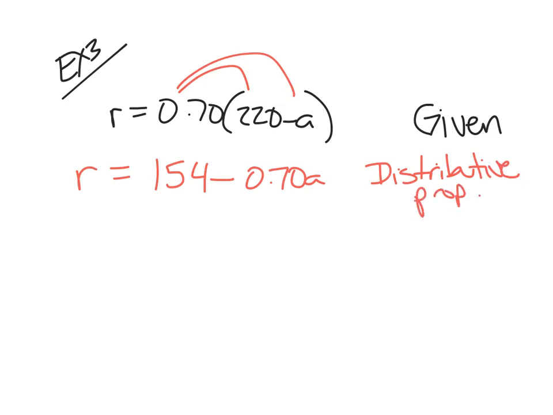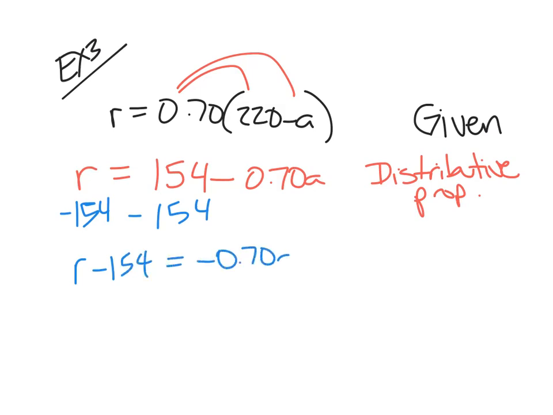Good. Now what's my next step? Remember, we're trying to get A by itself. So I would move the 154. Very good. So I get R minus 154 equals negative 0.70A. And what did I do? Subtraction property of equality.